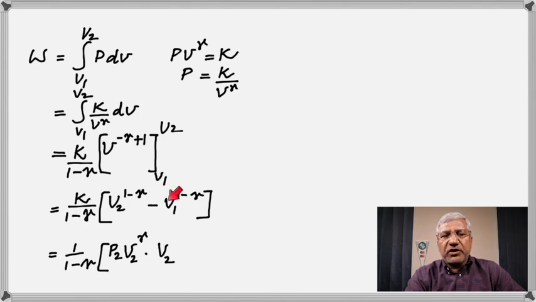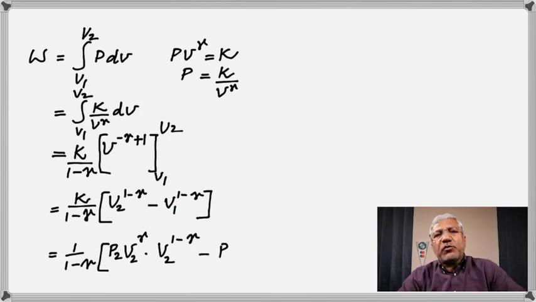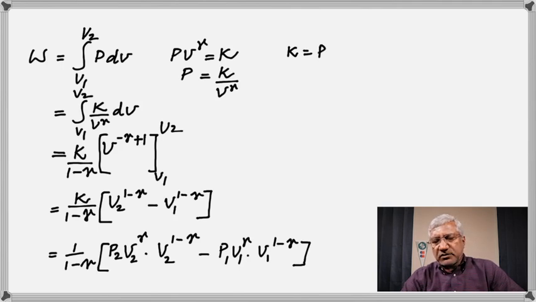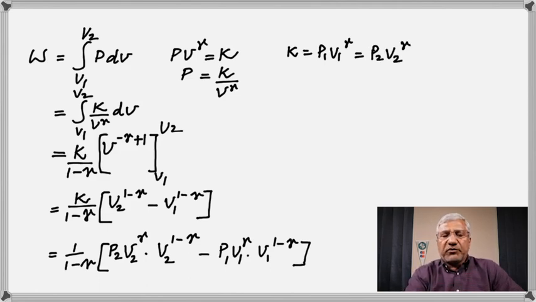For the second K, I'm going to give it the value P1 V1 raised to gamma. You'll see that, and you will understand why I'm doing that. When you do that, you see that two terms will cancel out. I'm just explaining why I gave that, because like I told you, K could either be P1 V1 raised to gamma or P2 V2 raised to gamma.